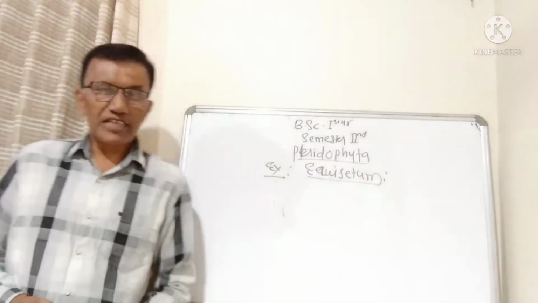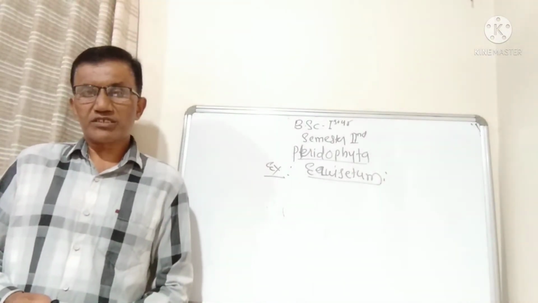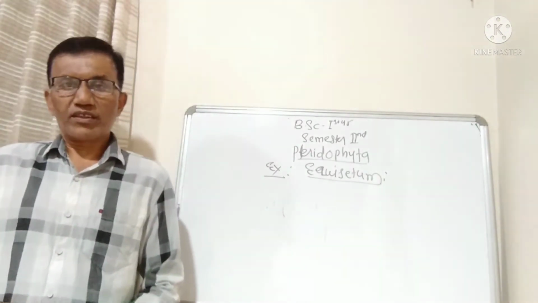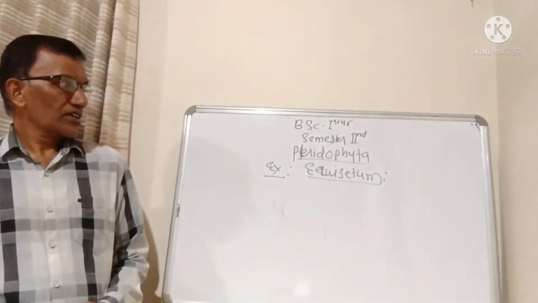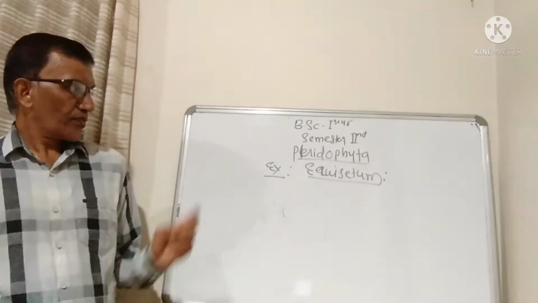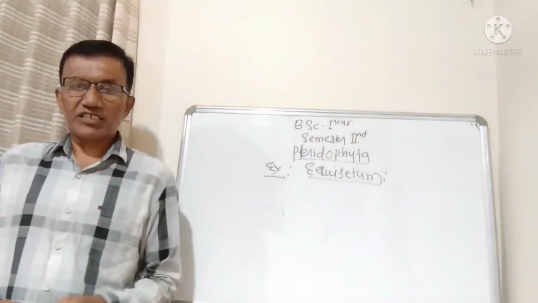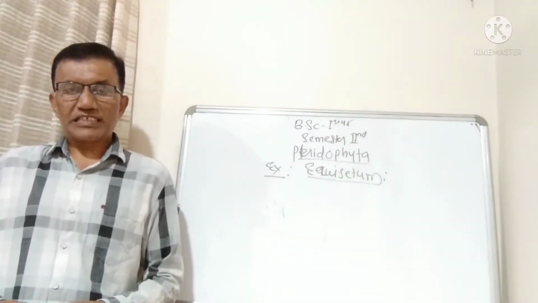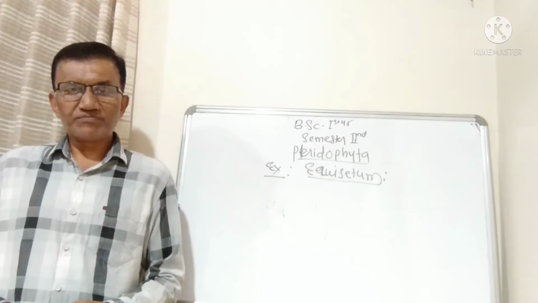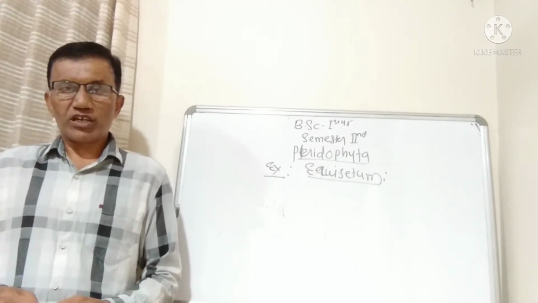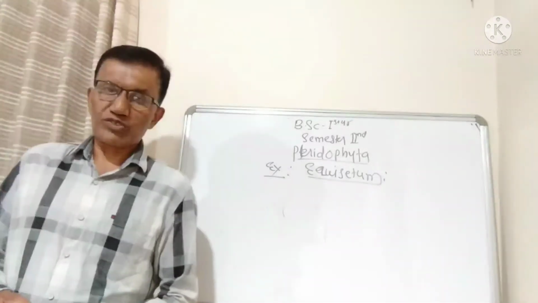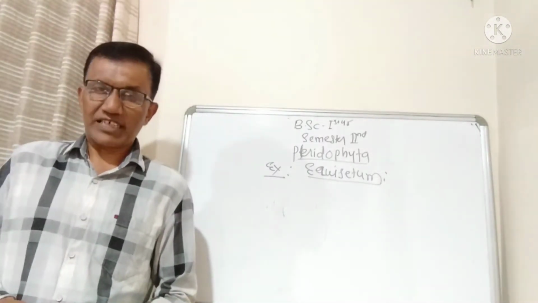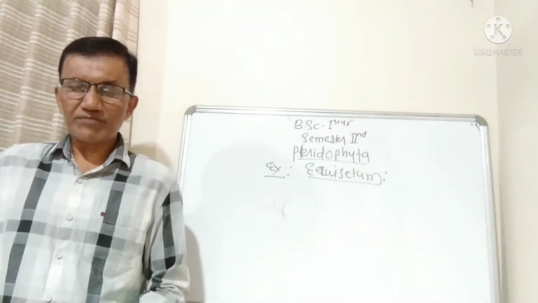Now, as per your syllabus for this second semester, there are two bits mentioned for this paper, that is Bryophyta and Pteridophyta. In Bryophyta, there are only two examples mentioned for which you study the complete life cycle. Already we have completed that one.